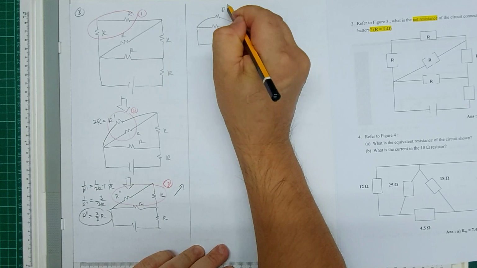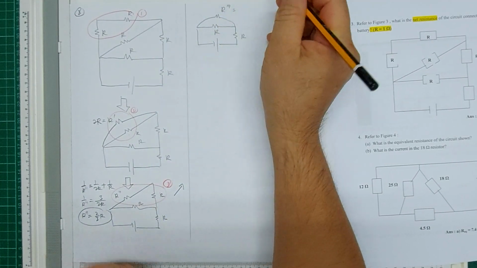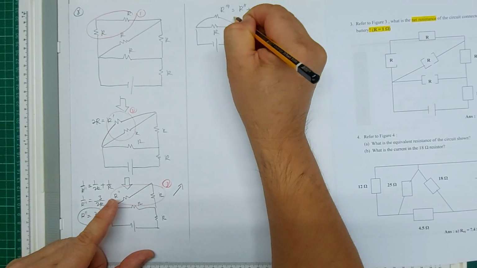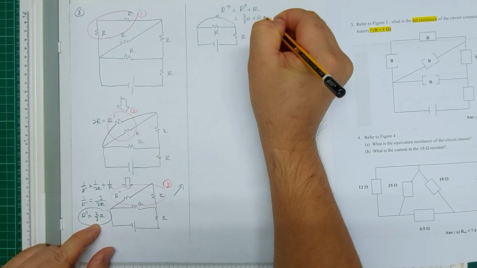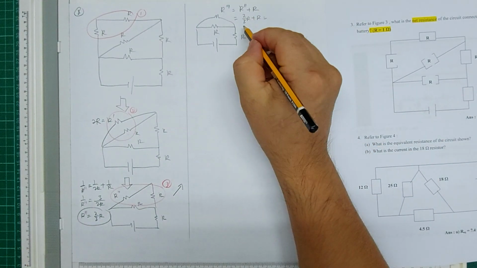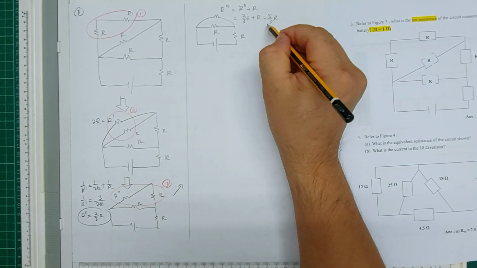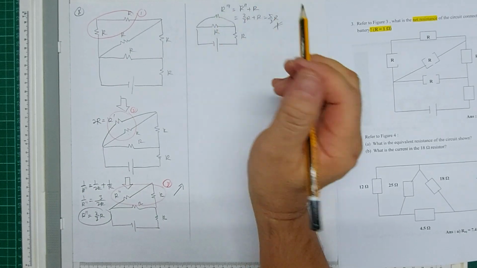I will call this one R prime prime prime. They're in series, so it's very easy. R prime prime prime is equal to R prime prime plus R, and your R prime prime is 2 over 3R plus R. So we're going to end up having a value of 5 over 3R, right? So that is our resistor for R triple prime.